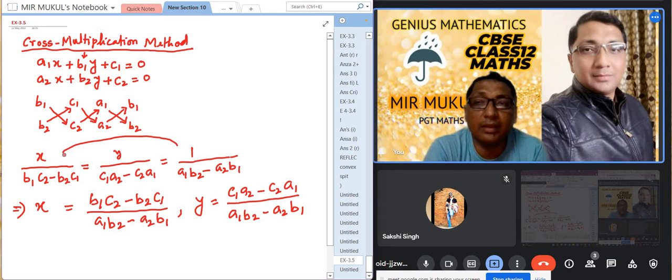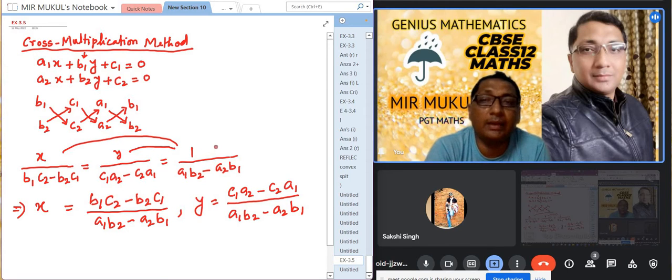If you take the first one and the third one, you bring the number to the right hand side and it comes in the numerator. Similarly, if you take the second and third, then y equals the denominator of y brought to the numerator crosswise, so it will be c1 a2 minus c2 a1 divided by a1 b2 minus a2 b1.